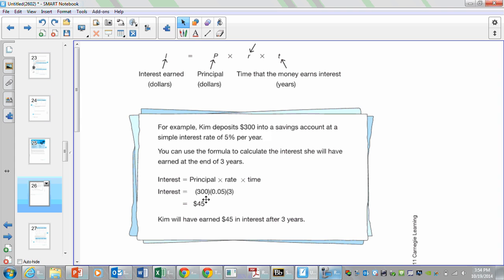And the principal is your original amount, so that was her $300 that she put in. The interest is what's going to come out of that. When they multiplied all three of these together, they figured out that the interest is $45. And if you wanted to know how much she had total now, you would just take this $45 that she earned in interest and add it to your $300.